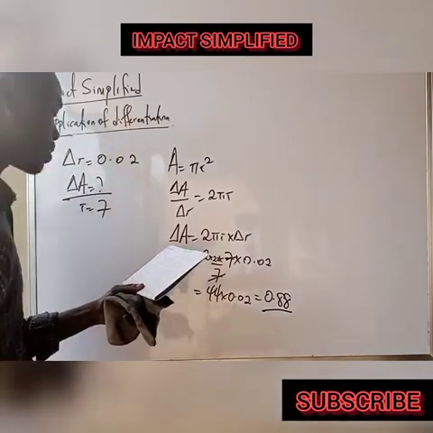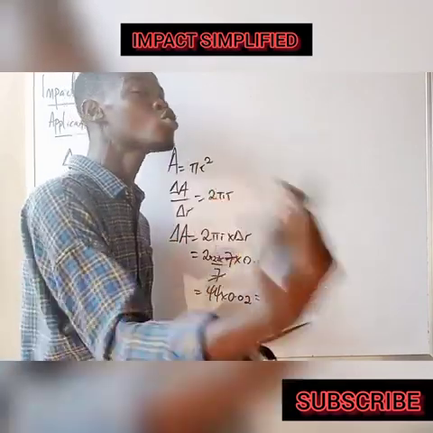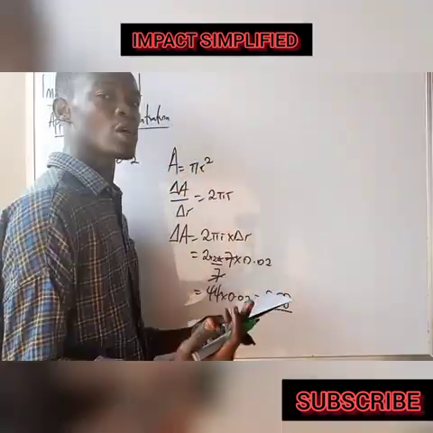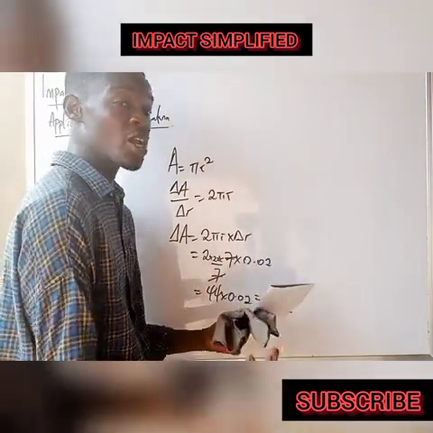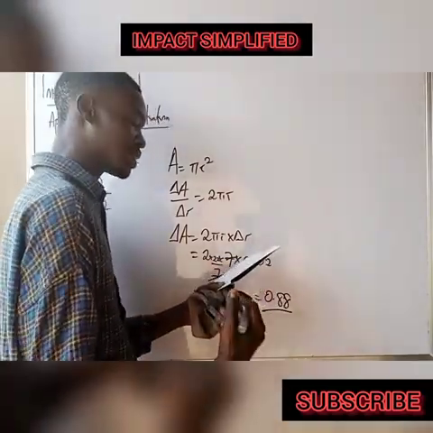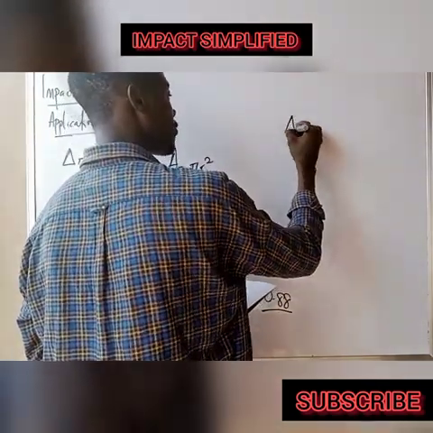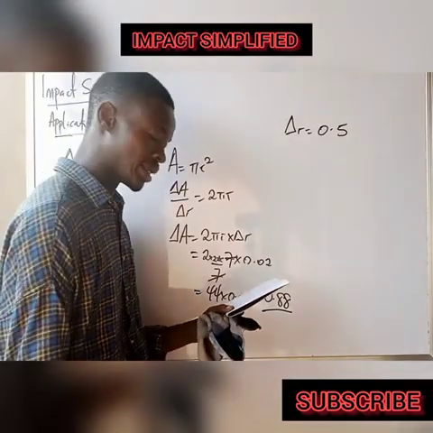But now let's look at this question again. They said the radius of a circular disc. That means we are talking of a circular disc. And what is a circular disc? We are talking of a circle. They said the radius of a circular disc is increasing at the rate of 0.5. That means the change in r is 0.5.